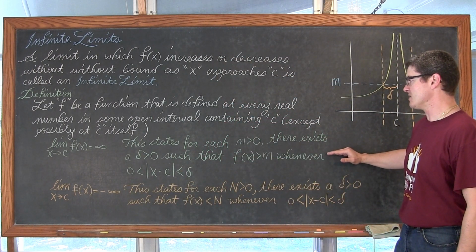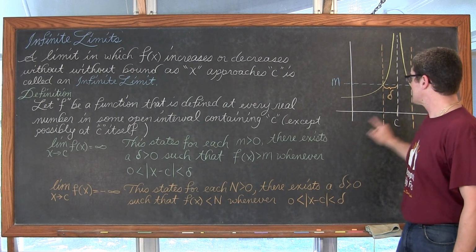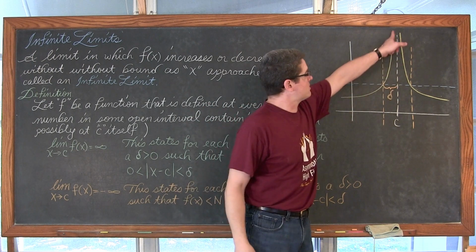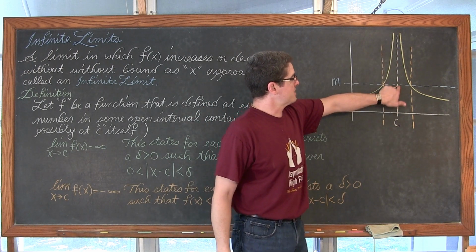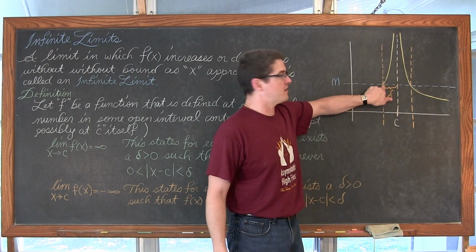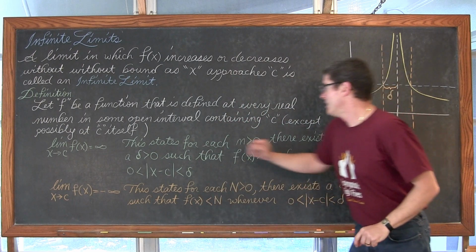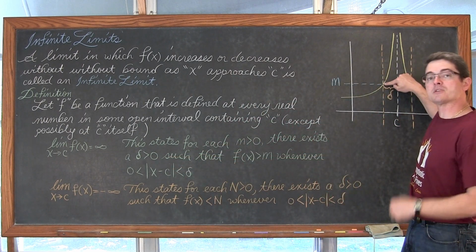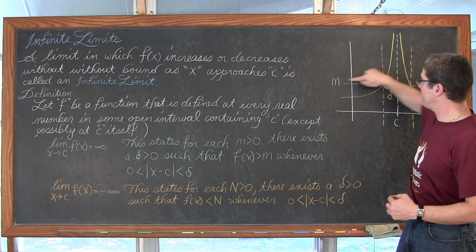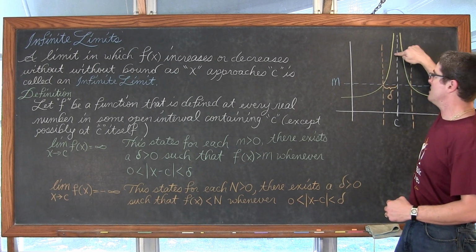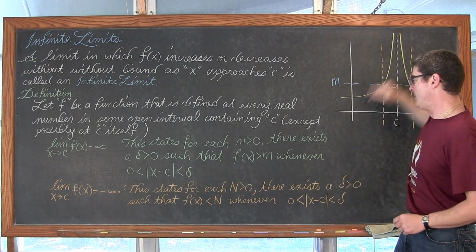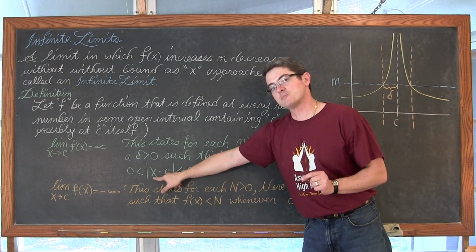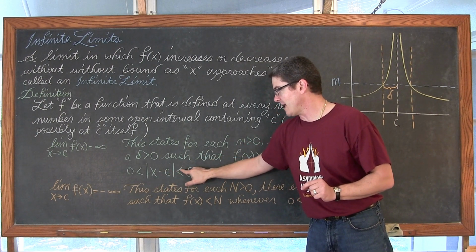There exists a delta greater than 0, so our delta is the horizontal distance between our vertical asymptote and the function itself, such that f of x is greater than m, so the function is going to take a value above whatever this real value of m is, so we're increasing, whenever we pick a value of x such that the difference between x and c is less than delta.